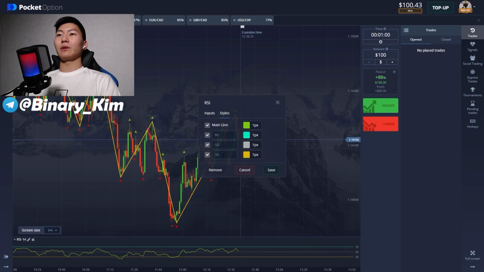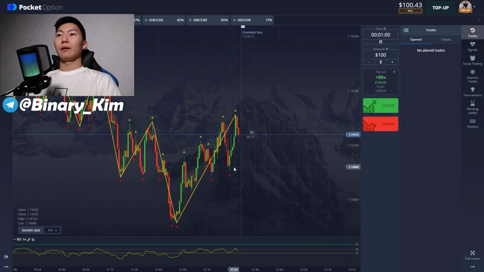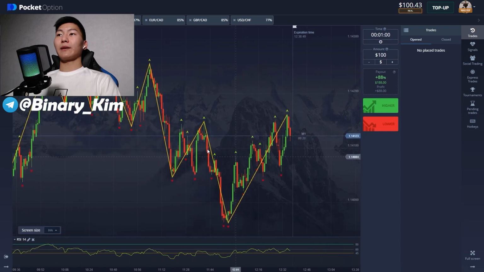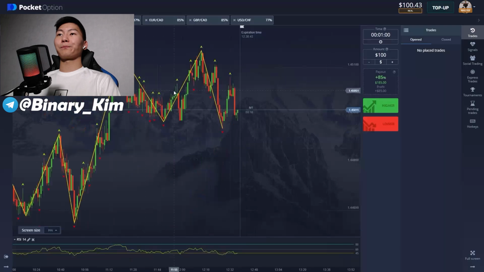Also here we need to change a little. When there is an uptrend we put the maximum 80 and the minimum 45. Here put 60. And let's finally begin trading and find the most profitable currency pair.